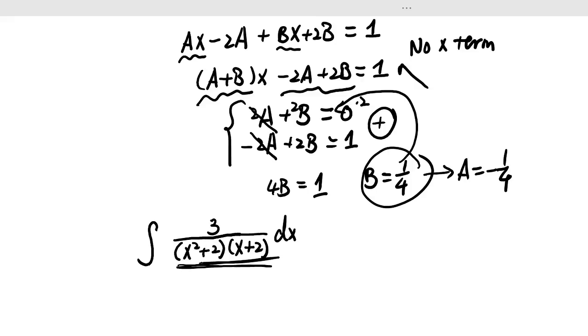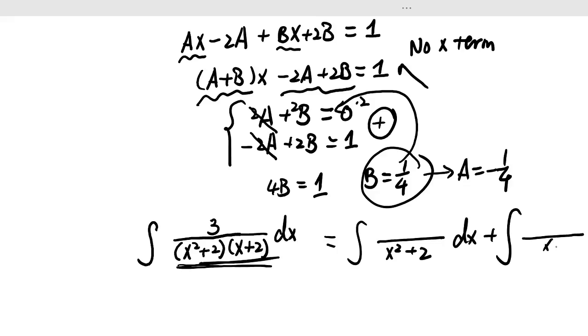So we're gonna have two fractions come out: x squared plus 2, plus the second one, x plus 2.